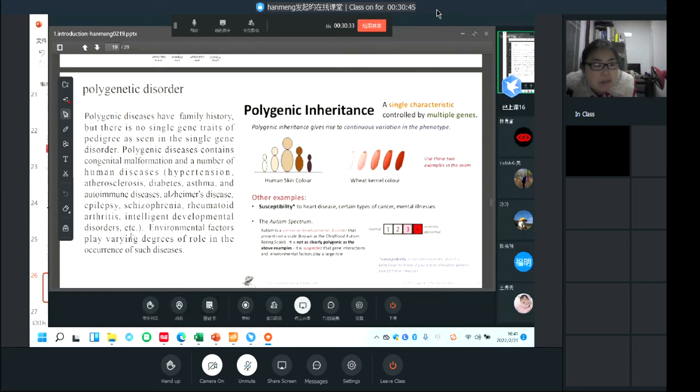And environmental factors play varying degrees of role in the occurrence of such disease. The environmental factors include the living environment and the food and so on, everything around you that you will meet in your daily life.